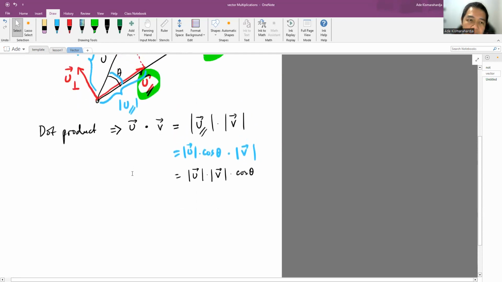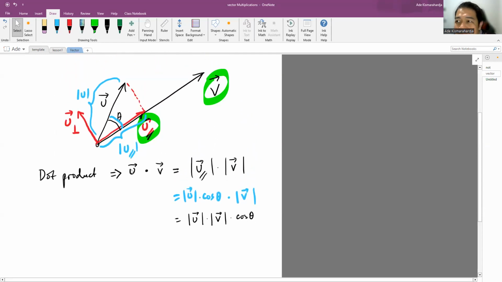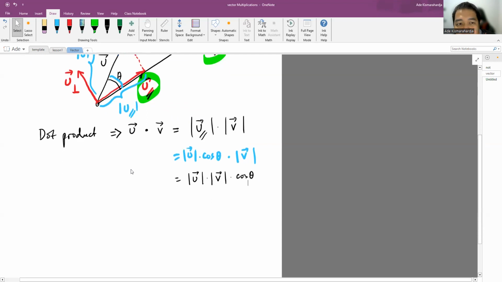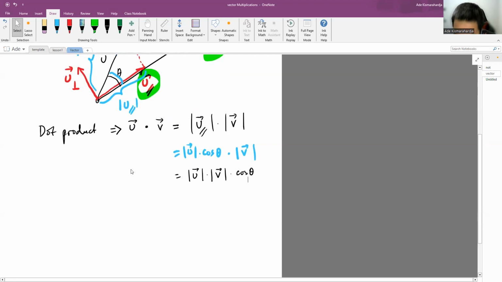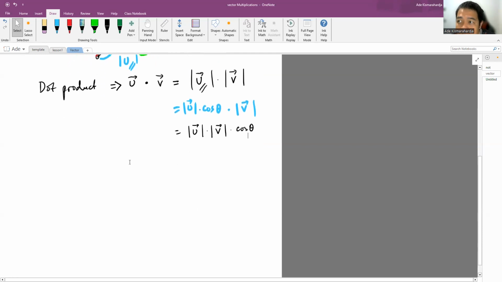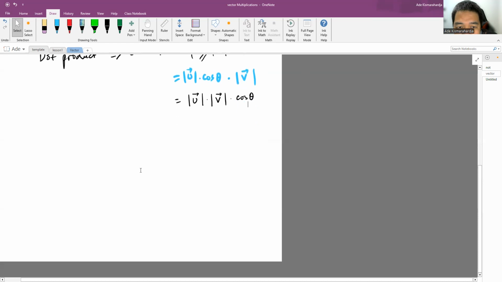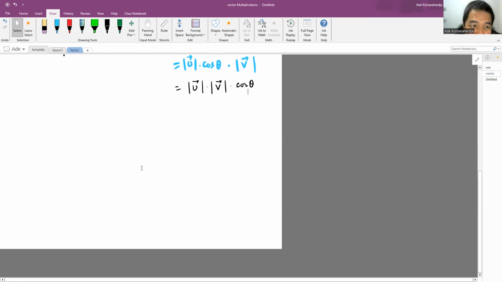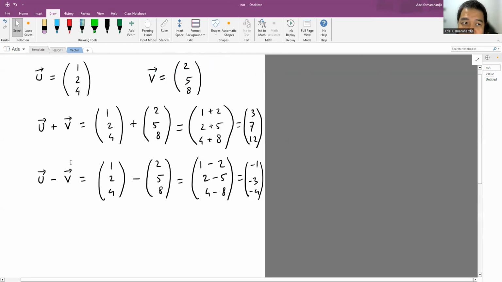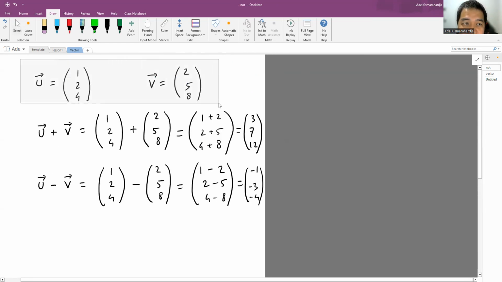So we want to discuss further now about the dot product, because normally when you have vectors, for example, vector u and vector v, instead of being given the magnitude of vector u and the magnitude of vector v, you are given the components.